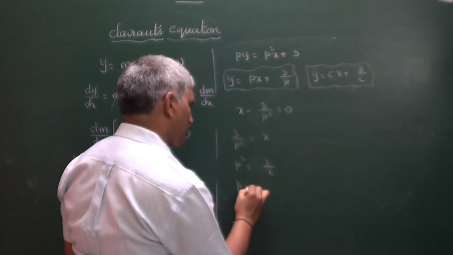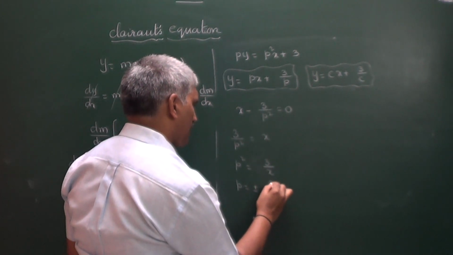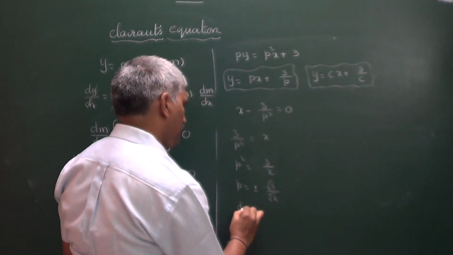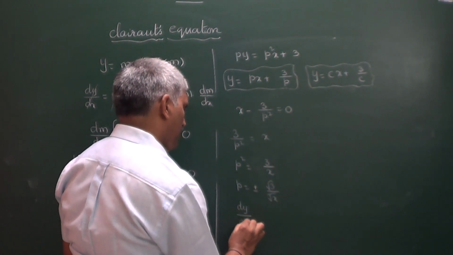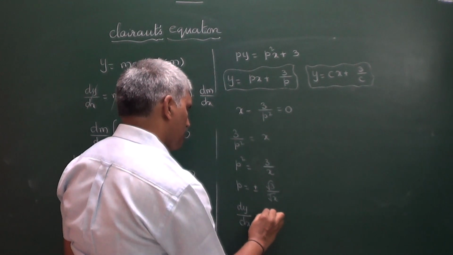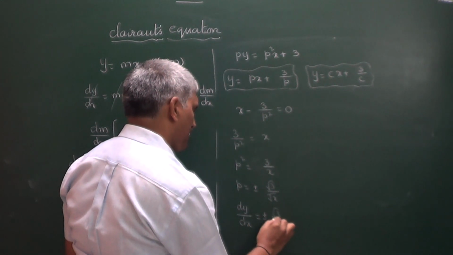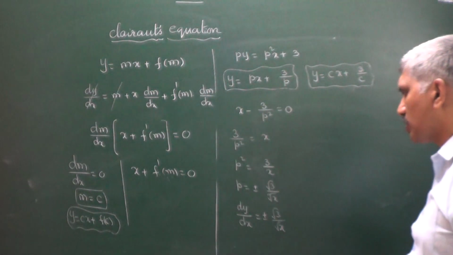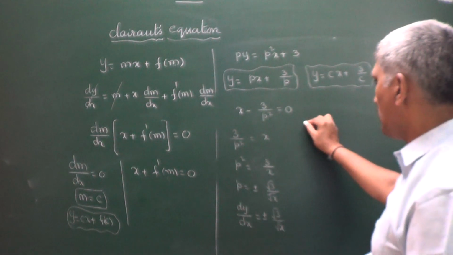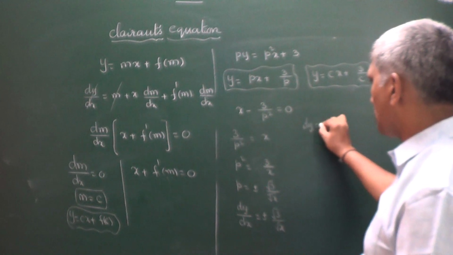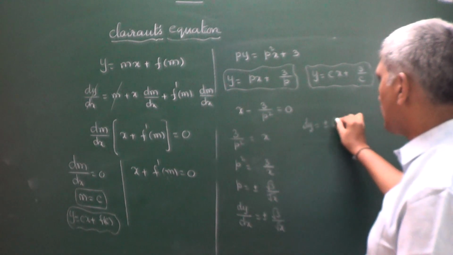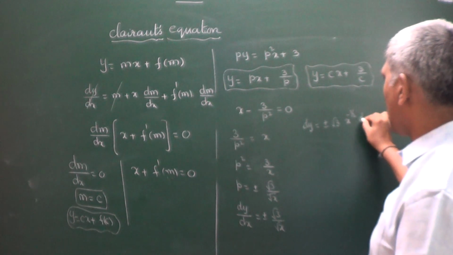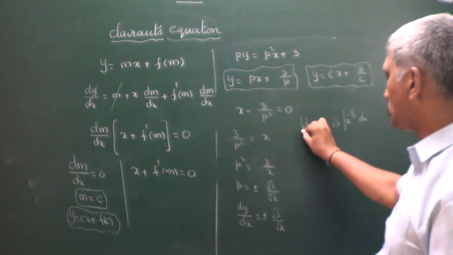Therefore p is equal to plus or minus root 3 divided by root x. P is nothing but dy by dx, so dy by dx is plus or minus root 3 divided by root x. Now we can find the solution by the variable separable method. What we will get? Dy is equals to plus or minus root 3 into x power minus 1 by 2 into dx. Now we can find out the solution.